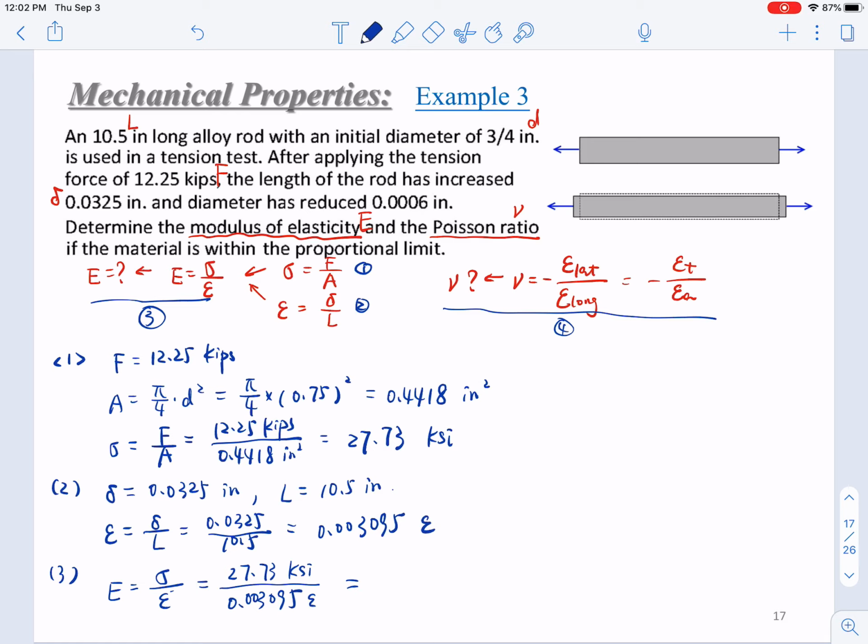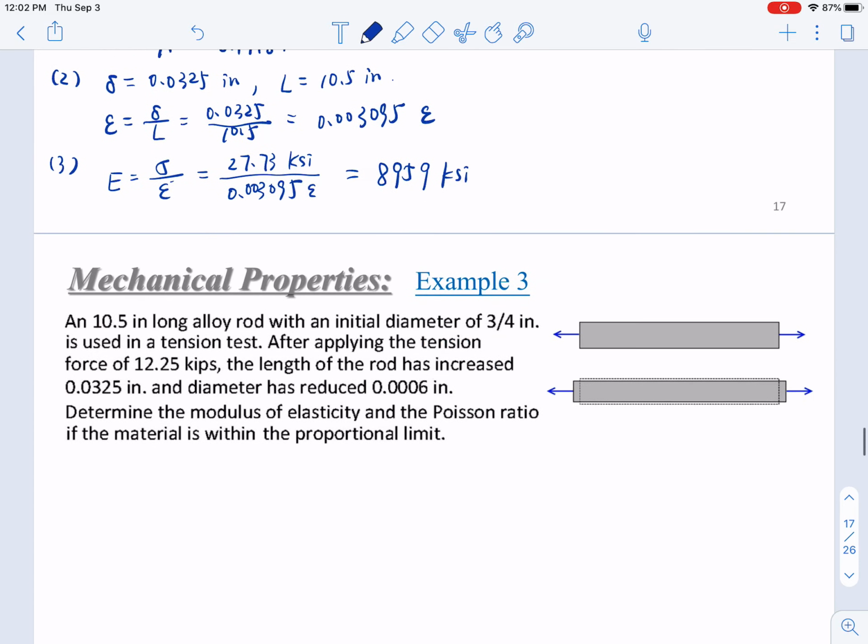So we get 8959 KSI, or 8.959 times 10 to the 3. This is in KSI. Okay, we're not converting it to gigapascal. Okay, that is the third step.